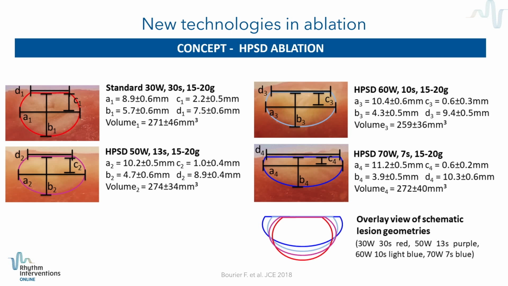It came out and was shown in different bench data that ablating with high power, for instance, 70 watts for a shorter duration with a given contact force results in a more shallow and not that deep lesion, and therefore maybe allows the operator to have more contiguous lesions within the atria, and therefore may come up with a faster circle and maybe also a more durable circle over time.